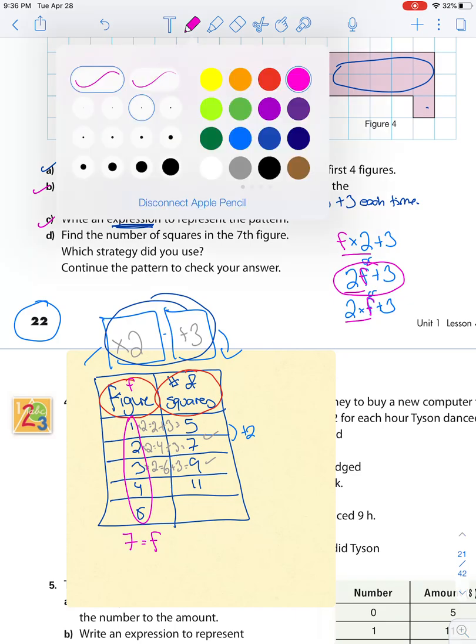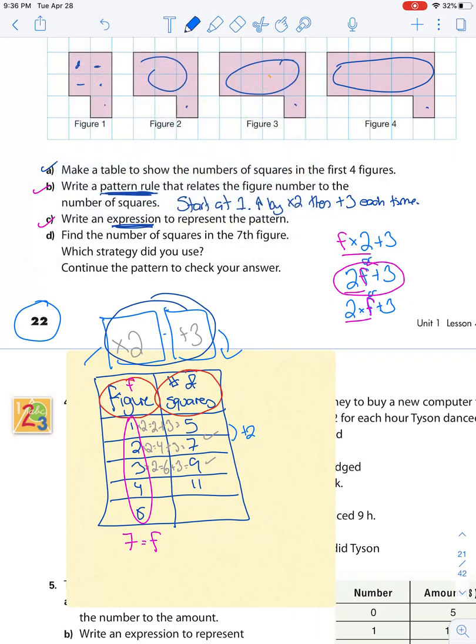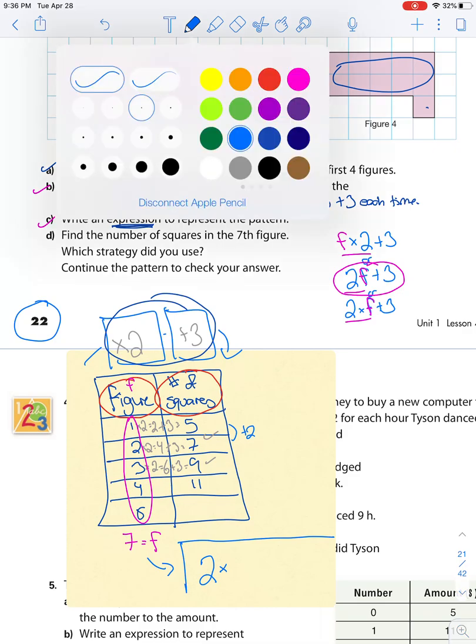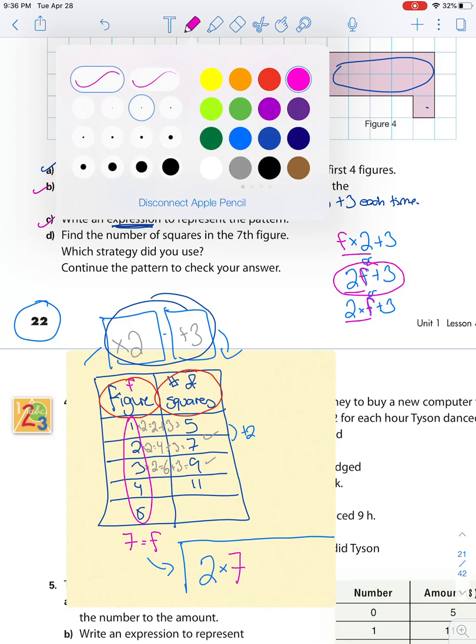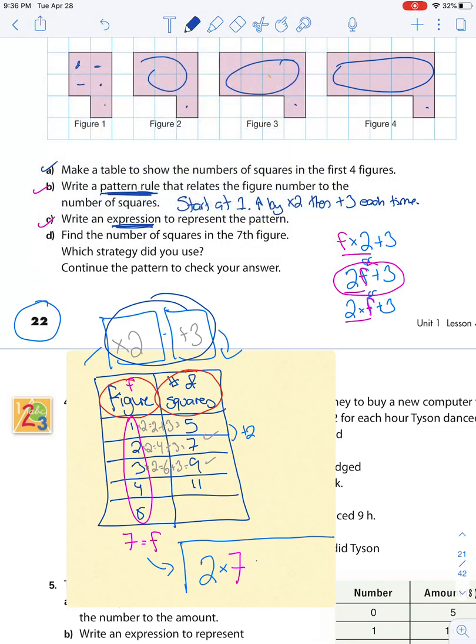And I'm going to rewrite my expression, which is 2, I'm going to go down here, okay? So if my f is 7, then I'm going to go 2 times 7, it's no longer f, plus 3, okay? Which would be the same as any of these. I've just written it in this way.